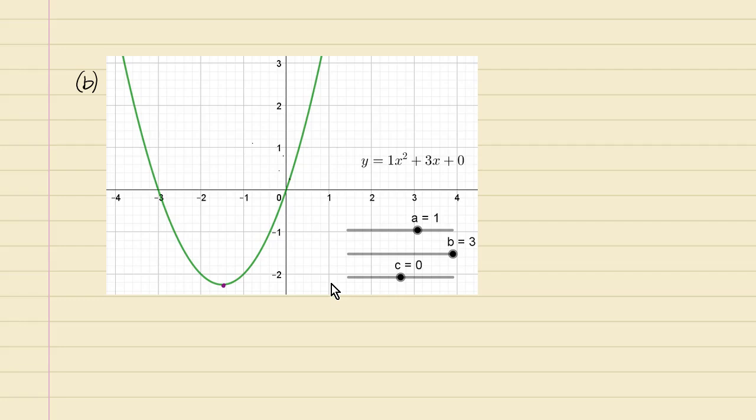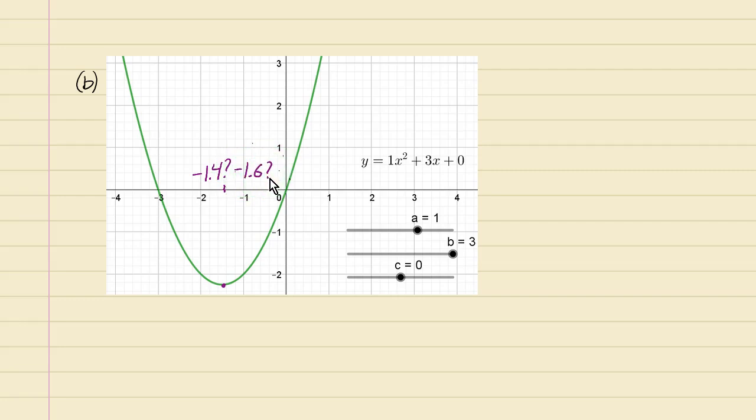So one way you can find the vertex is, it looks like it's negative 1.5 here, but how would you be sure? How do you know it's not like negative 1.4 or negative 1.6?